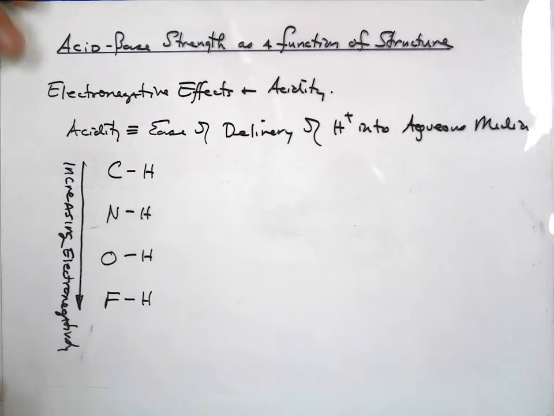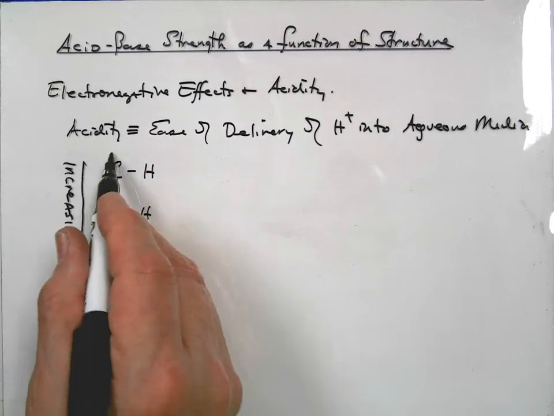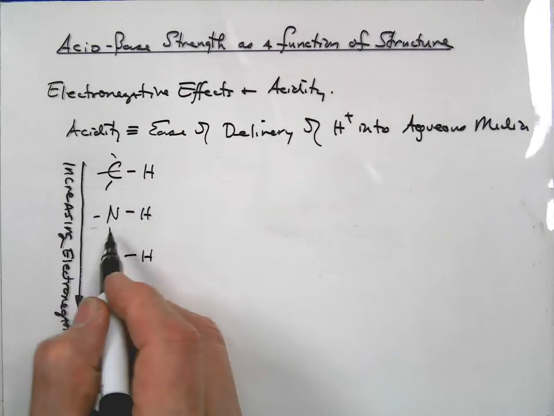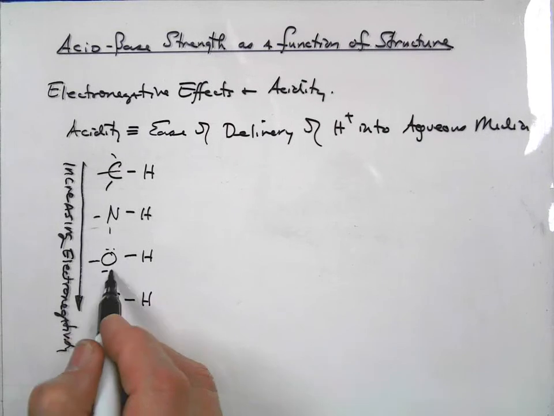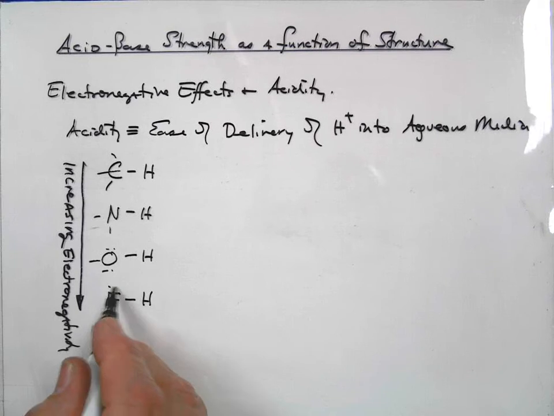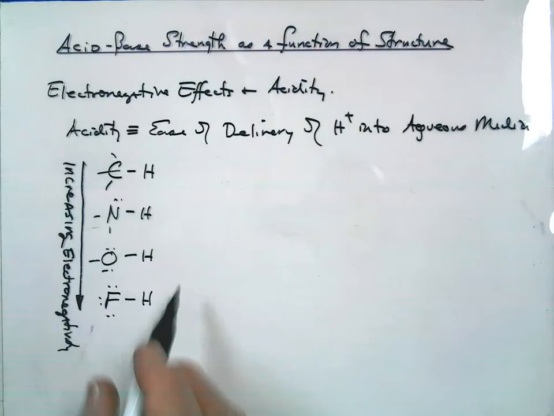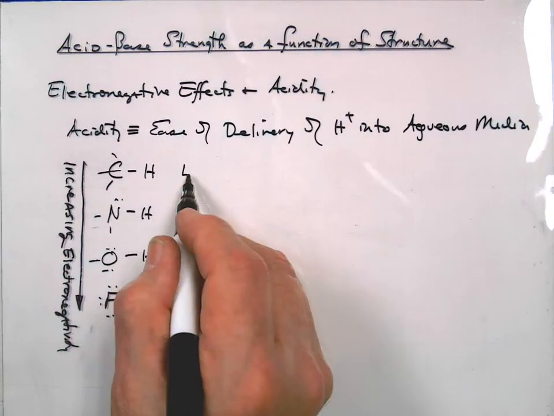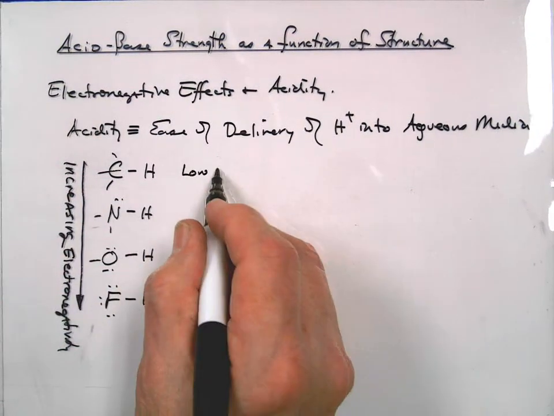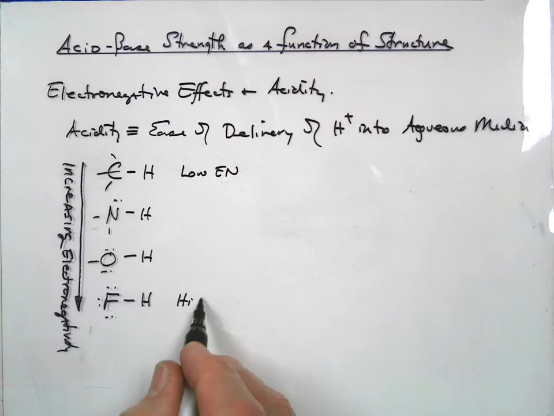Well, this increasing electronegativity increases the polarity toward the central element. That will, of course, be here. So this would have a very low electronegativity end. Now on this end would be high electronegativity.